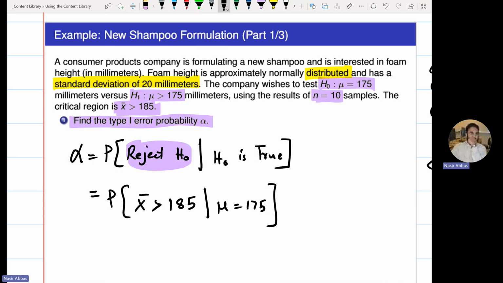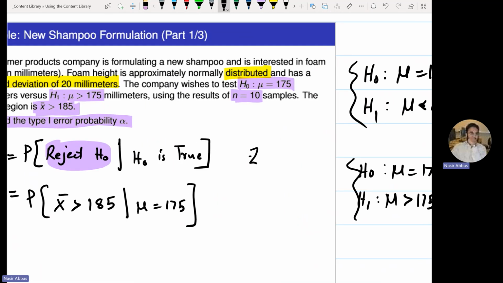Go to chapter 7. How do we solve a question about X bar? Convert it to Z. With what formula? And the value of mu that you will use in conversion is this conditional value of mu, given value of mu.